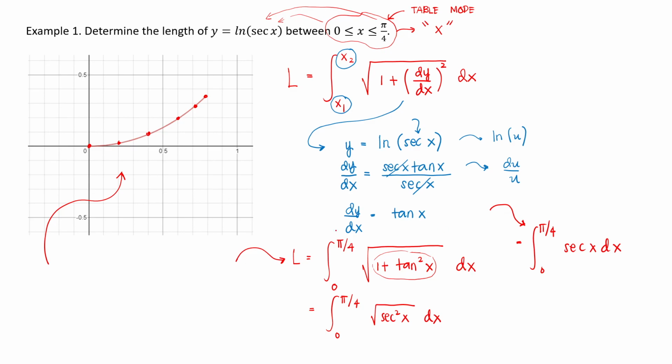And notice that since our limits are in pi, with pi over 4 as the upper limit, we should make use of the radian mode. So radian mode.